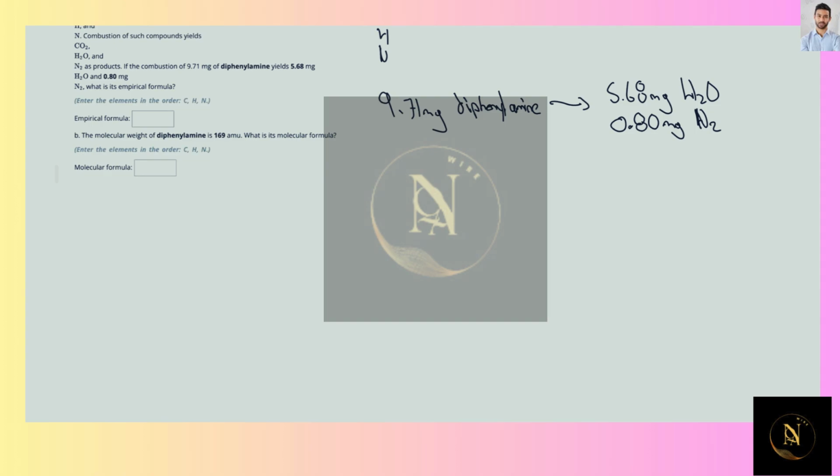So the first step that we're going to do is transform these quantities into amount of mole of hydrogen and amount of mole of nitrogen that we're going to have. First of all, for the amount of mole of hydrogen, we're going to begin with 5.68 milligrams of water that is being produced. We know that 1000 milligrams corresponds to 1 gram of water, and the molecular weight of water is going to be 18 grams per mole.